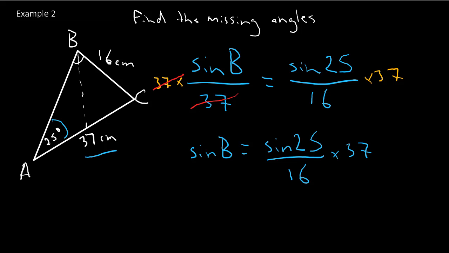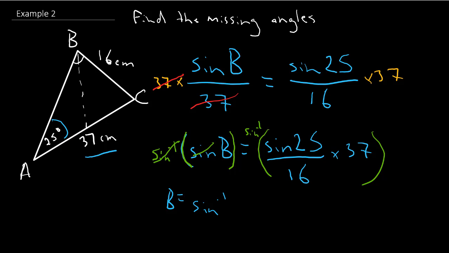Then you take it one more step, so you know that B is going to be on its own, and the only way you can do that is if you take both sides, take the sine inverse, and what happens is the sine inverse and sine cancel out, so then you get B isolated. So we know B is equal to sine inverse of sine 25 over 16 times 37.